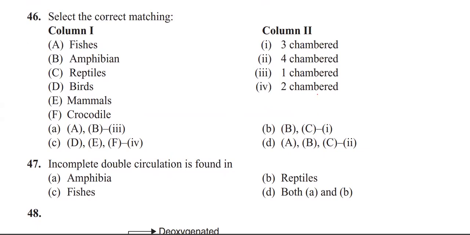Select the correct matching. Fishes have a two-chambered heart. Amphibians, three-chambered heart.